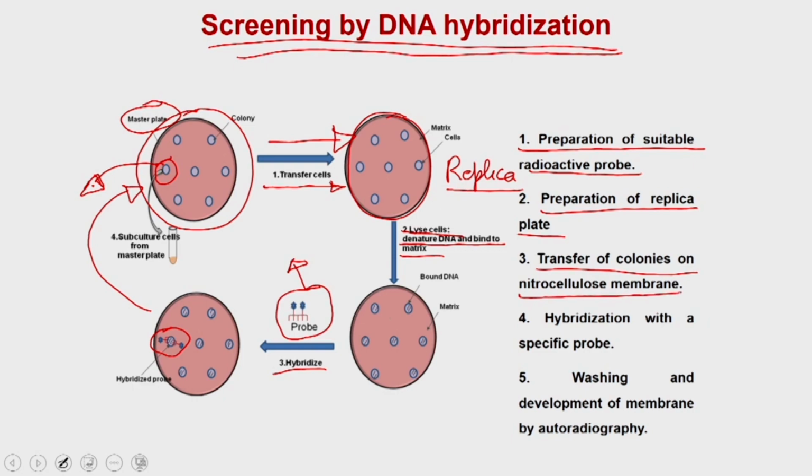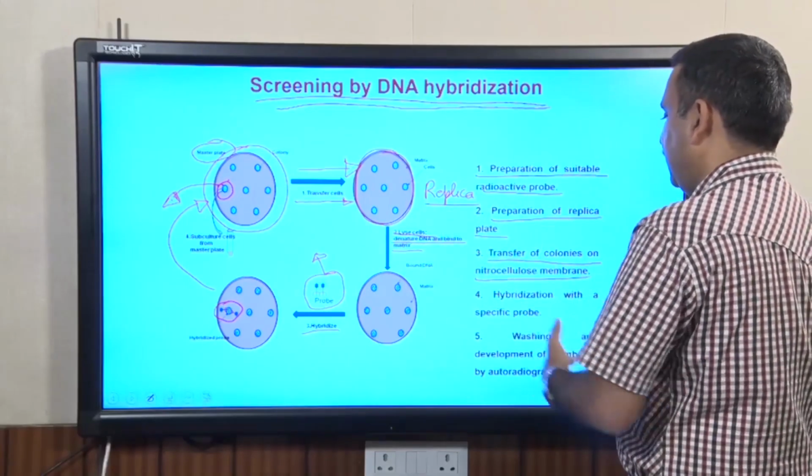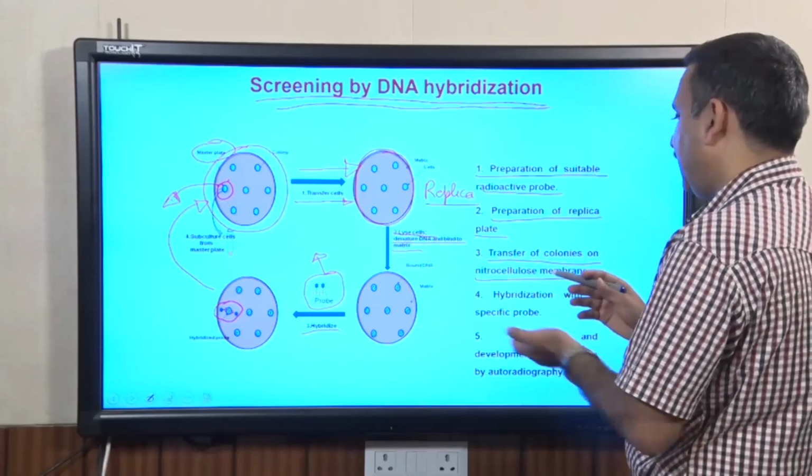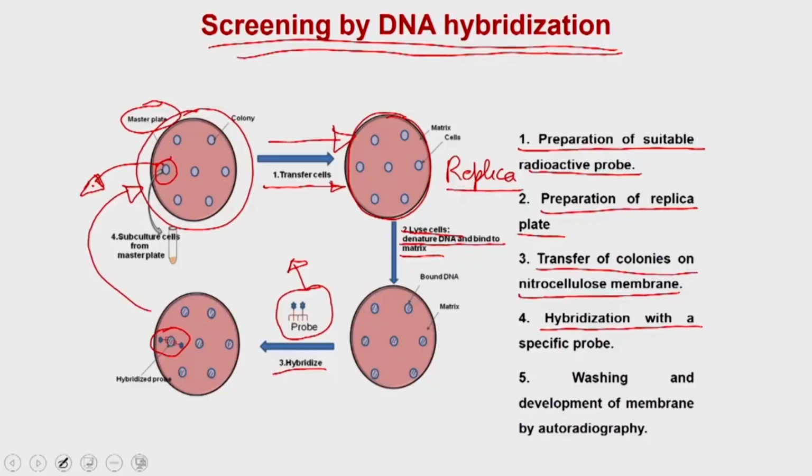Once the colonies have been transferred onto the nitrocellulose membrane, you will do the procedure to let the DNA come out from the cell, and then you will put on the radioactive probe and do the hybridization. Once the hybridization is over, you will do the washing and develop the membrane with autoradiography, and with that you will know where your clone of interest is present.